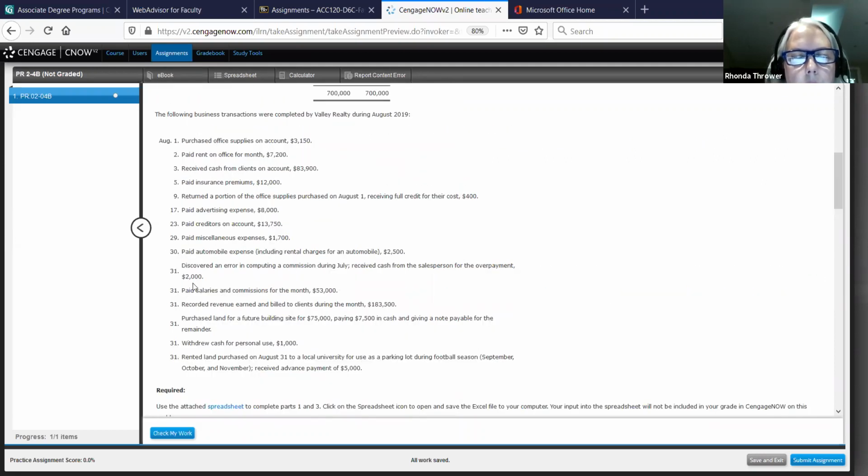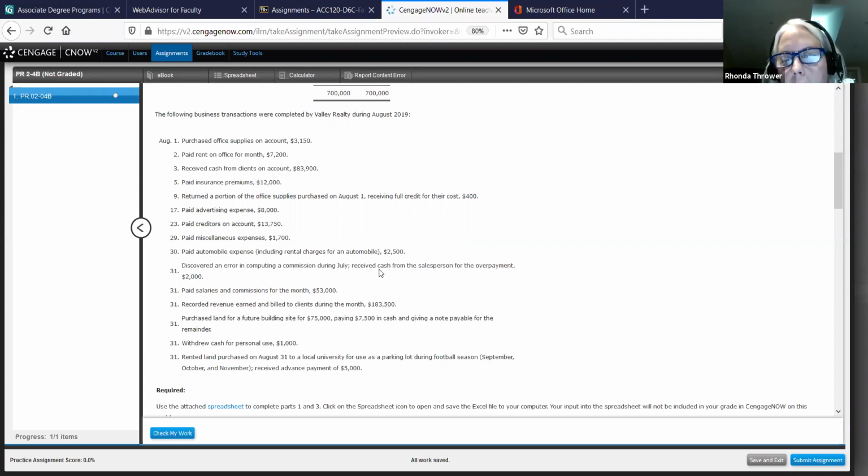Now on August the 31st, the first one here, we discovered an error in computing a commission during July. So we made the error in July, but we discovered it in August. So what we have done here is we've had to correct that error. Because we recorded commissions as too much last period, we have to adjust the commissions account that we had paid to the salesperson.